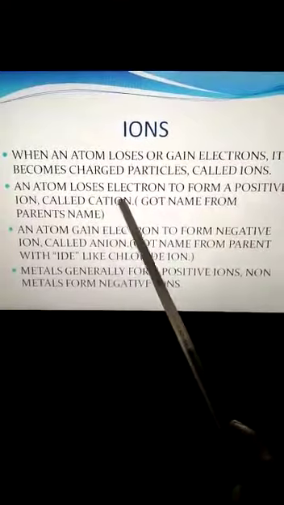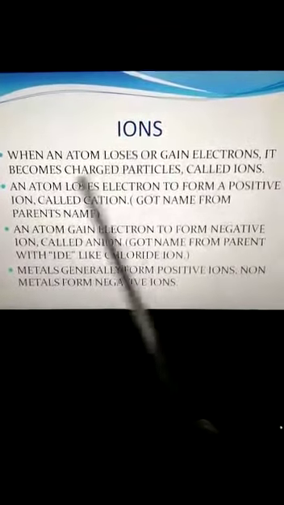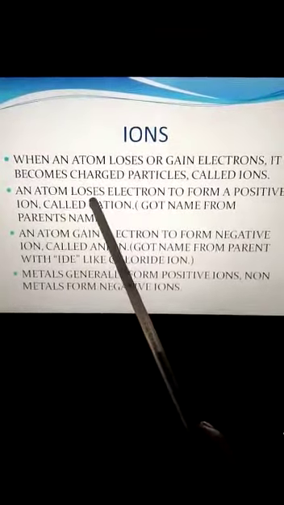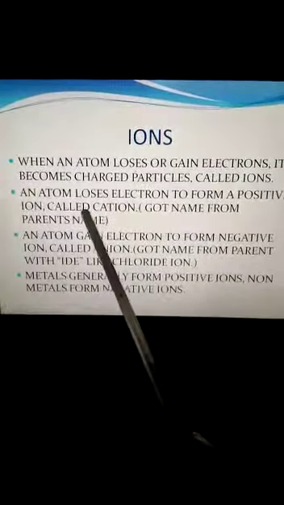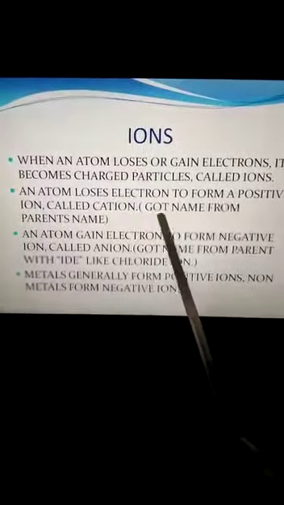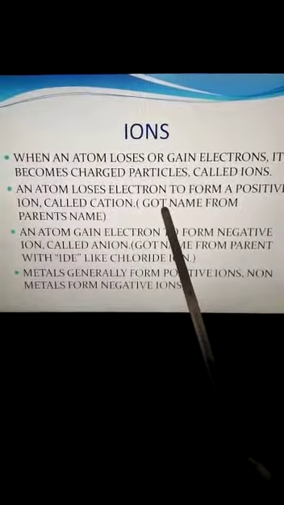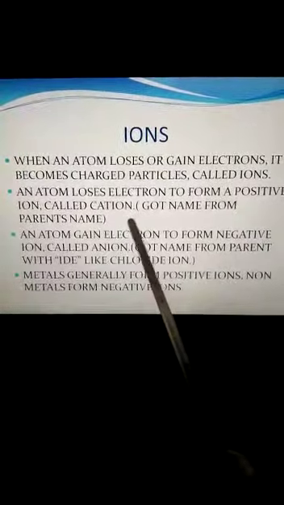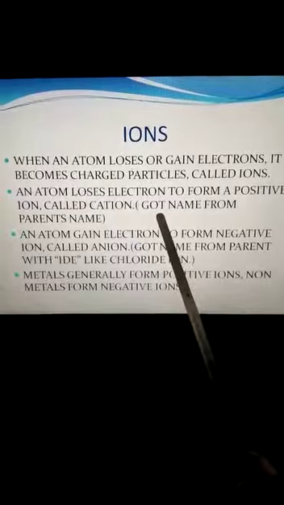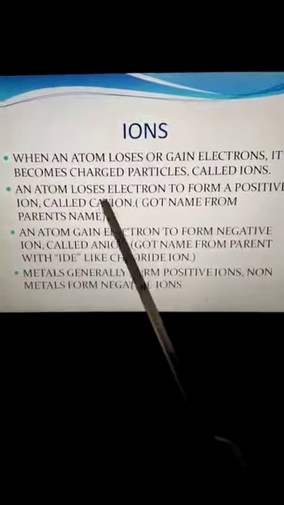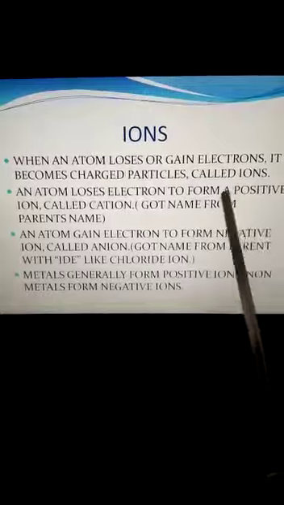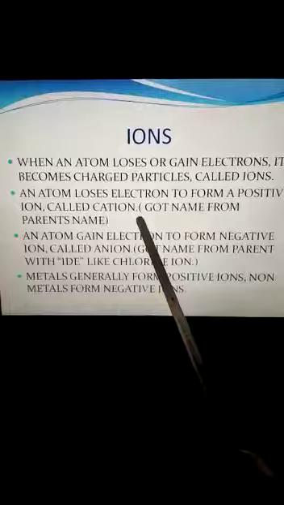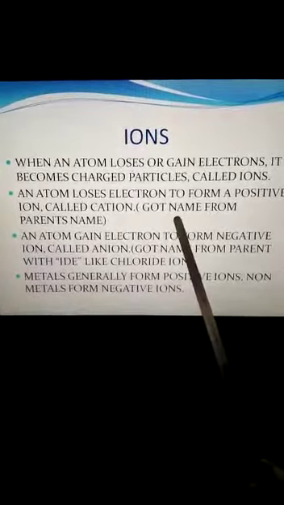When an atom loses an electron to form a positive ion, it bears a positive charge, and these are called cations, named after the parent atom. Like sodium, Na+, it can lose one electron to form a positive ion known as a cation, named the sodium ion.